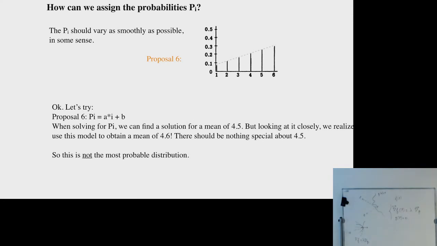Okay, so now let's use this one. We have smoothness, and now we need to change the first proposal, so let's simply use a times i plus b. Something very simple. If I use a times i plus b, I can solve this, and I can find a solution for a mean of 4.5. And so I can have all the weights. This is what is shown here. That would be the distribution of the weights, and that can give me a mean of 4.5.